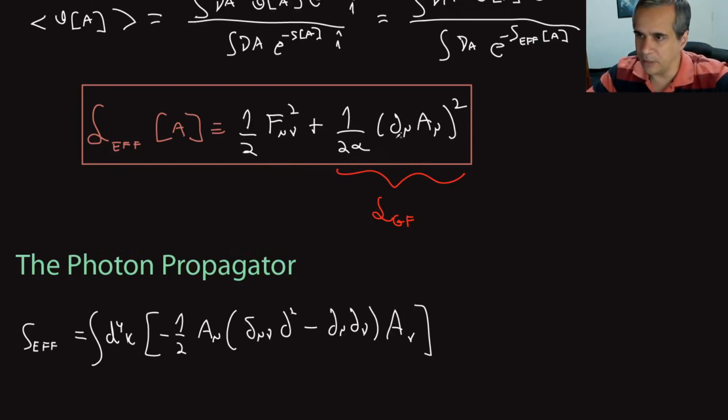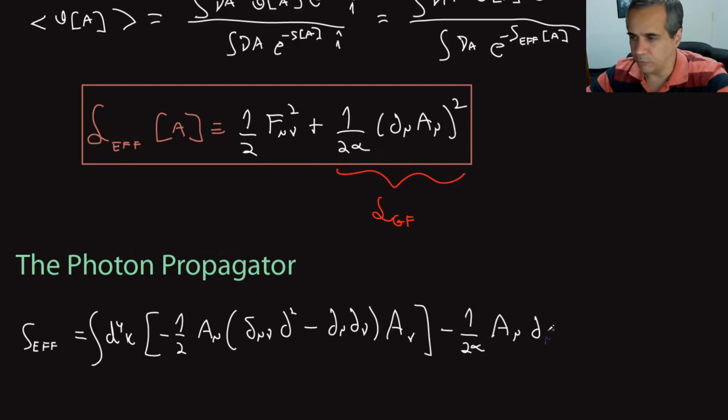And now I want to do the same here. I want to put the two derivatives in one of the fields. And what I get doing that is just 1 over 2 alpha, A mu del mu del nu A nu. So that's the new part.